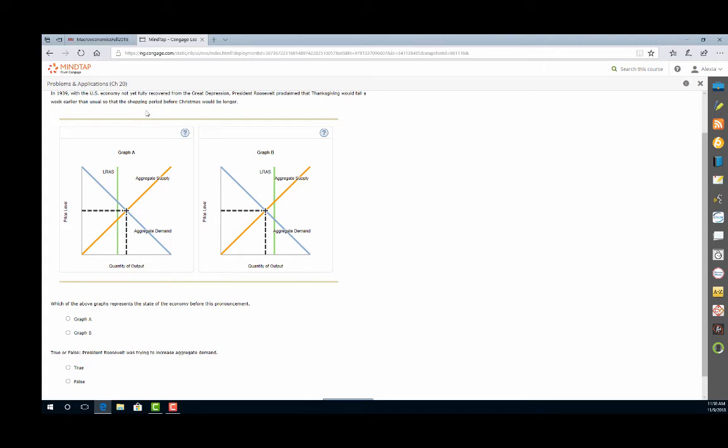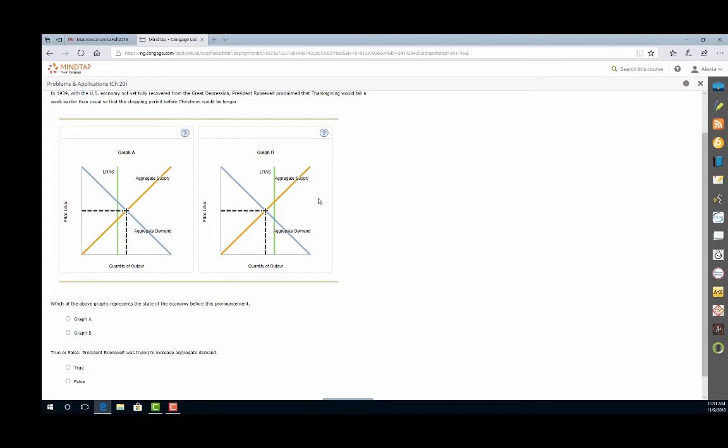So again, read the question again. So it says in 1939, the economy hadn't recovered from the Great Depression. Well, hadn't quite fully recovered or qualified. So President Roosevelt proclaimed that Thanksgiving would fall a week earlier. So what we're trying to demonstrate here is where were we during that period of time?